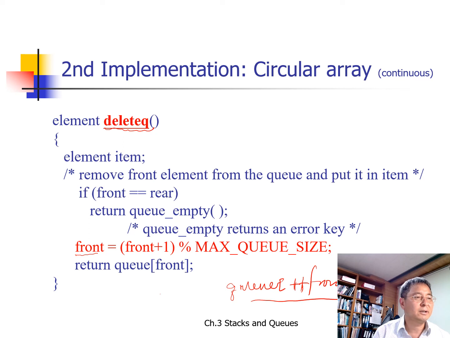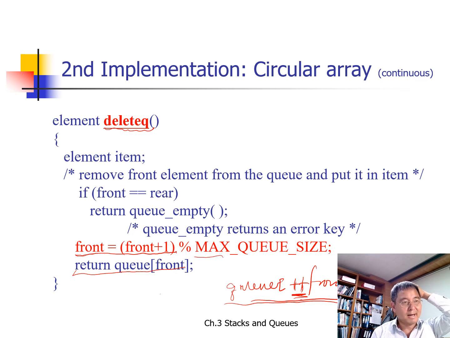In here, front = front + 1 is the same as the increment operator, and returning queue[front] is the same here. So the only different part is the percent max queue size. Also called the modulo operator here.